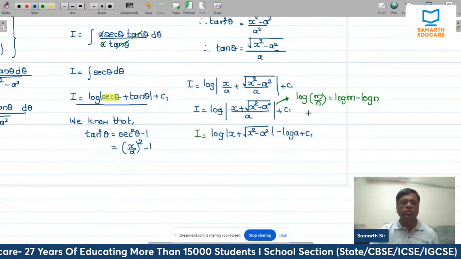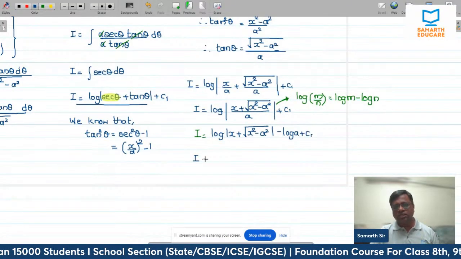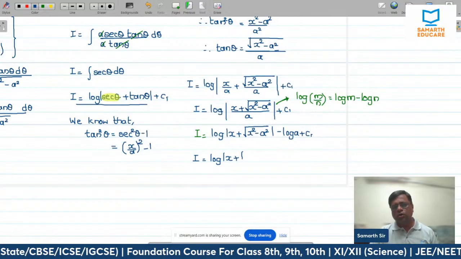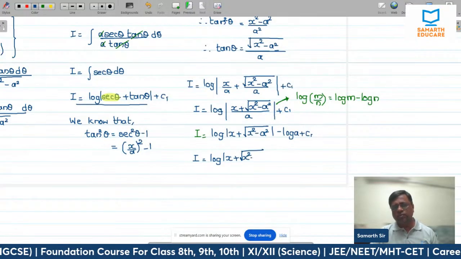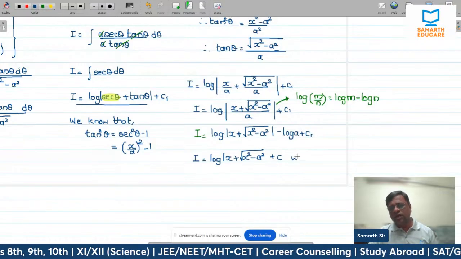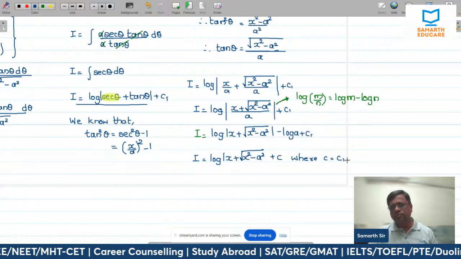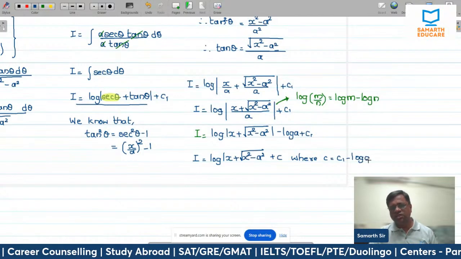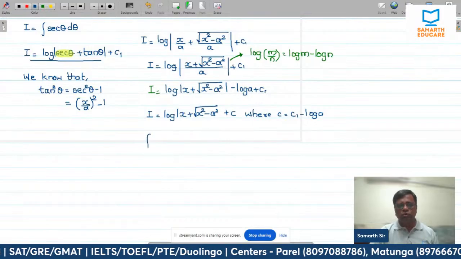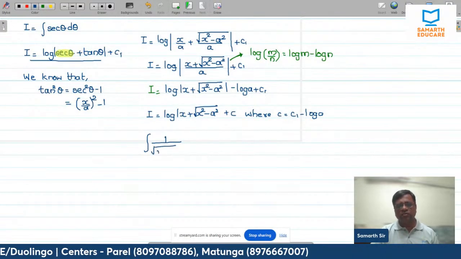Now, as we all know, a is a constant. So this can be written as log of x plus root of x square minus a square plus c, where c is c1 minus log a.